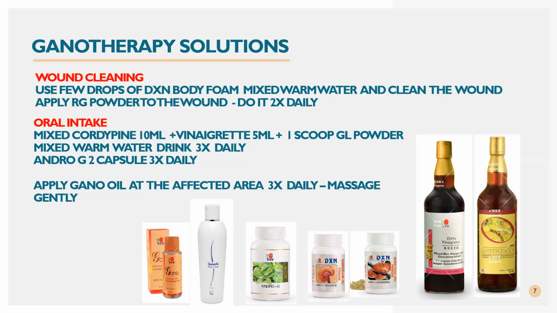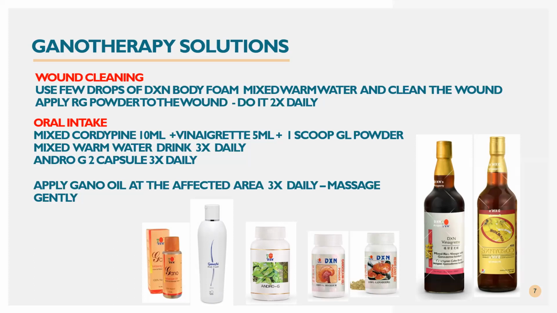Depending on the situation, you can take 5 also, no problem. You can take more also. It will cool down the body. You can balance your pressure, balance your heat, and also control the bacteria inside the inflammation and infection in the wound area.